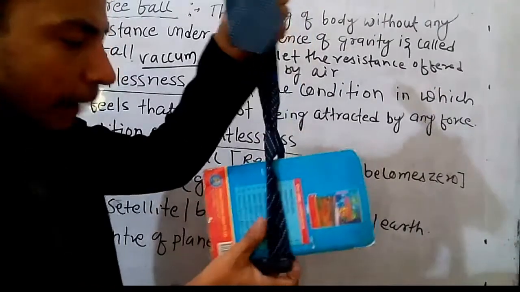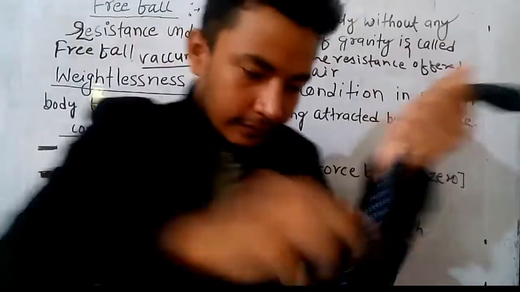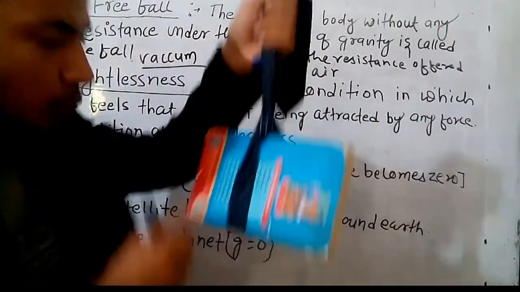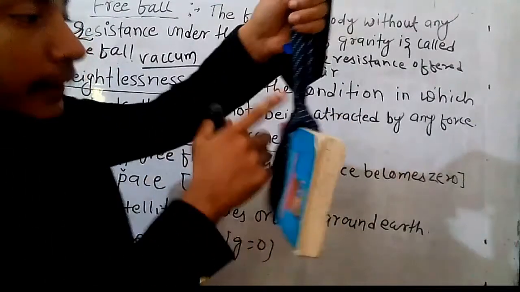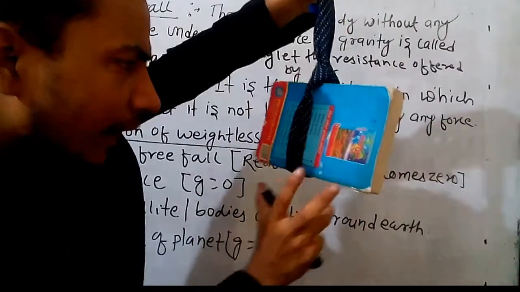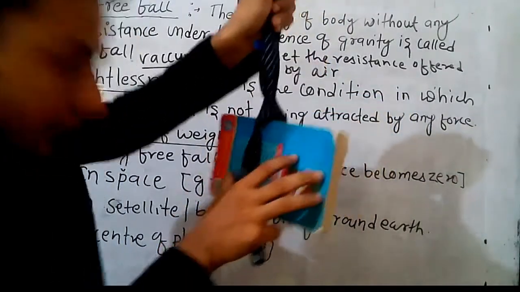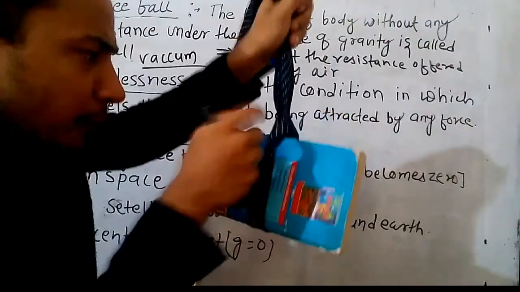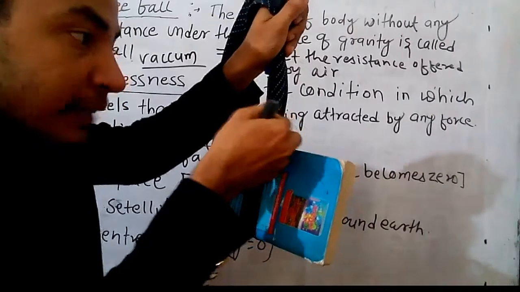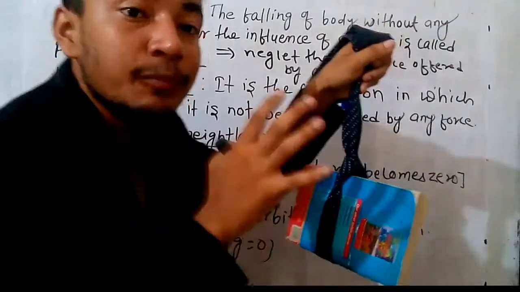So this is the beam balance, and I am going to measure the weight of this book using it. When I hang this object, the book, on the beam balance, it gives a force to the beam balance during measurement of weight, and that force is called reaction force.